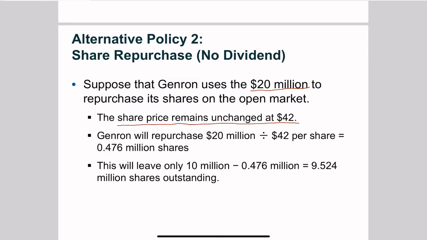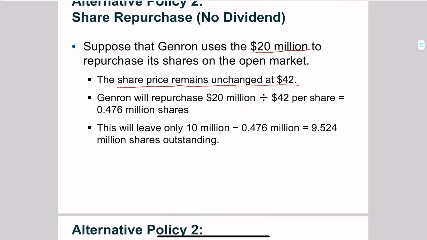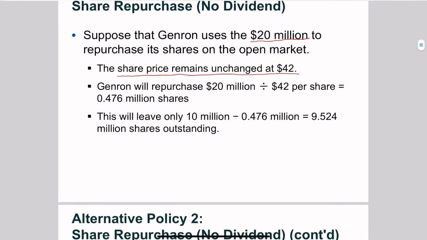So in this case, we can find the firm will repurchase 10 divided by share price, which is 42. Sorry, I should use 20 here because the firm has $20 million.